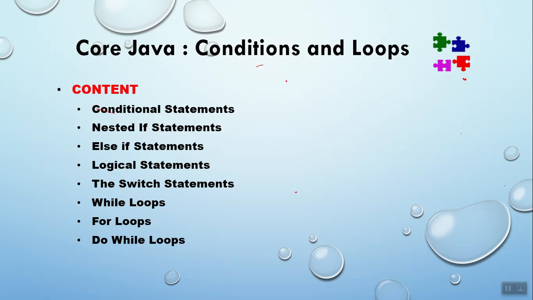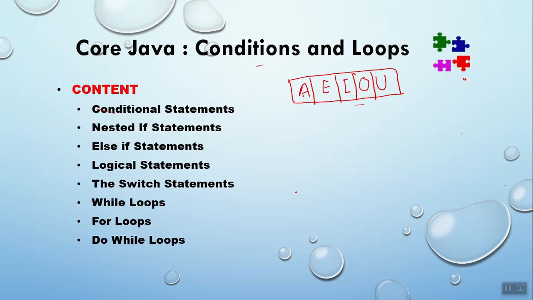So what will we do when a condition occurs? For example, suppose you have these values, the vowels A, E, I, O, U. These five things are vowels. And now you want to make a case.